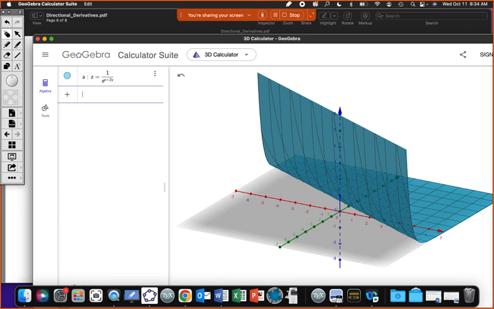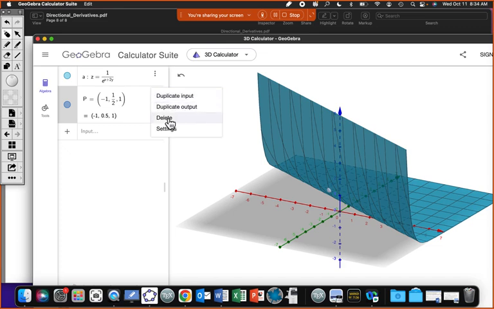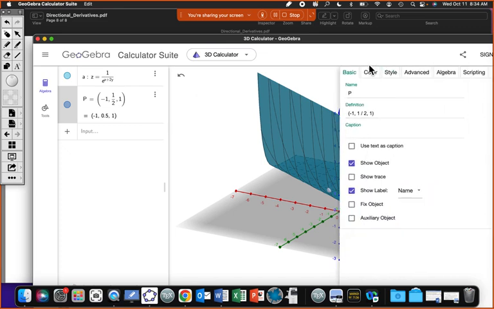But so there we go. We're going to look at our point P. That was (-1, 1/2, 1). So there it is, and let's make it a different color here so it pops.